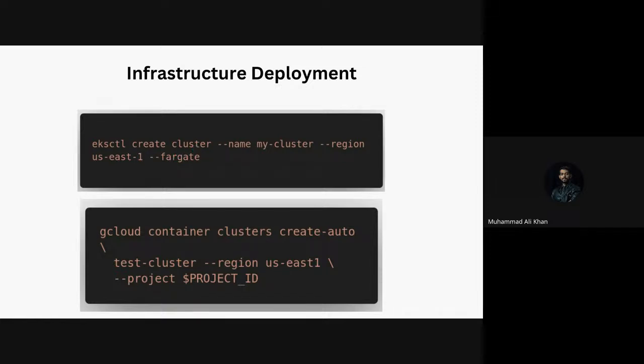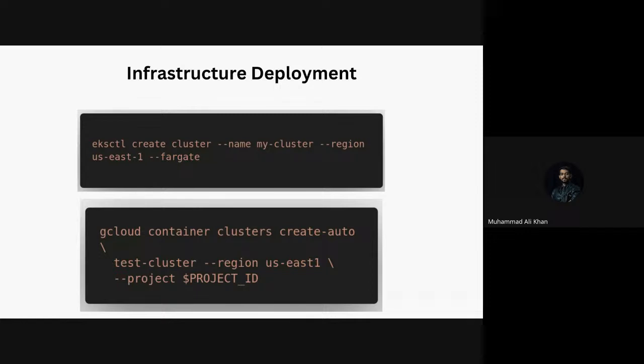We use eksctl to deploy a sample EKS Fargate cluster, which we can create using eksctl create cluster --fargate. And for gcloud, we can use the existing CLI and just pass create-auto to create our Autopilot clusters.